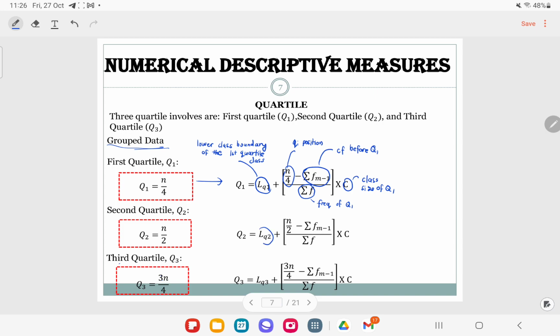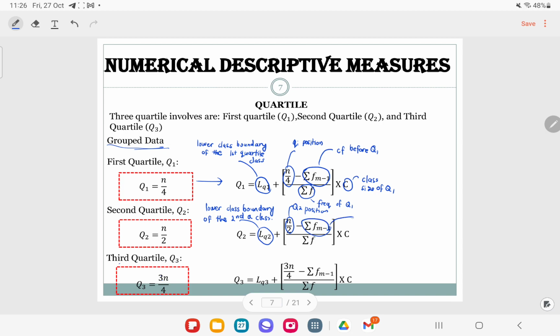So LQ2 will be the lower class boundary of the second quartile class. N over 2 is the second quartile position.